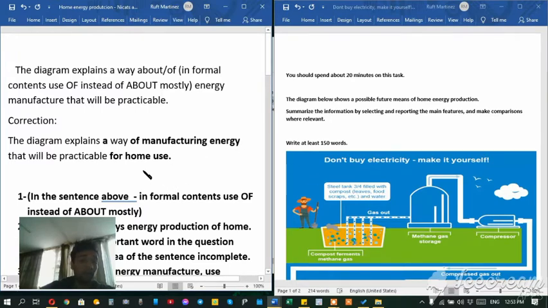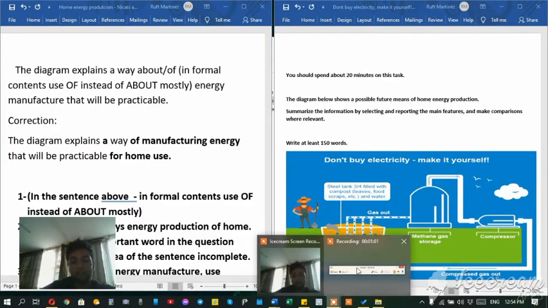So what I did, I wrote will be practicable for home use. This is not the energy for factories or for restaurants or for anything else. This is a way of manufacturing energy for home use. So please do not miss anything from your production.